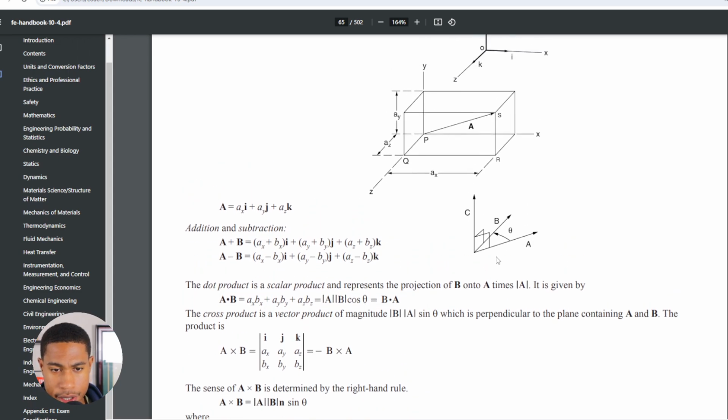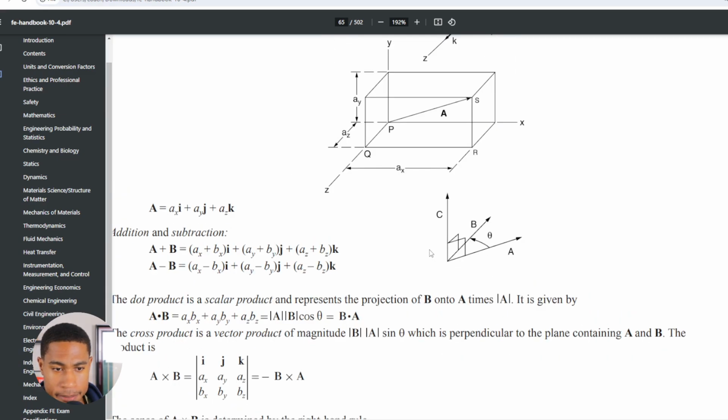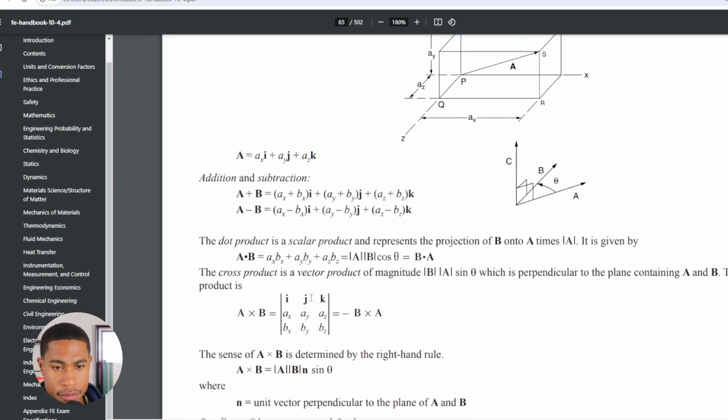Another thing to note is there is an angle that is created between vectors, and that is denoted by theta here. And there are two different ways that you can get that angle. You can compute the dot product, which to me is the easier of the two, or the cross product.